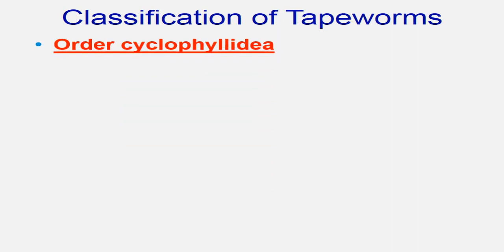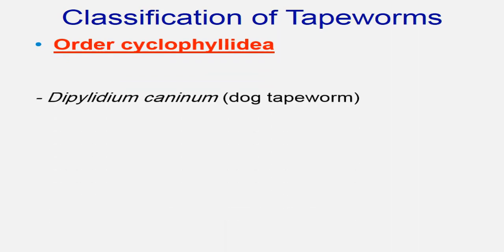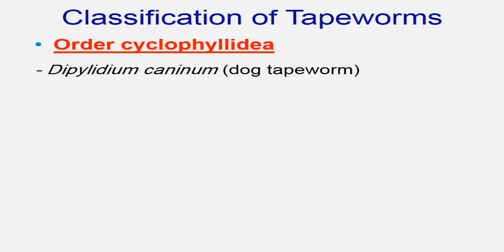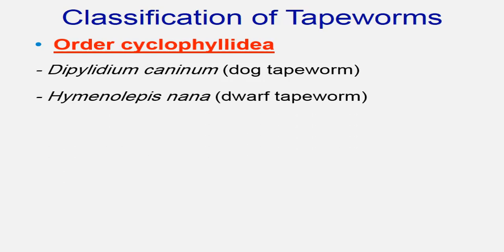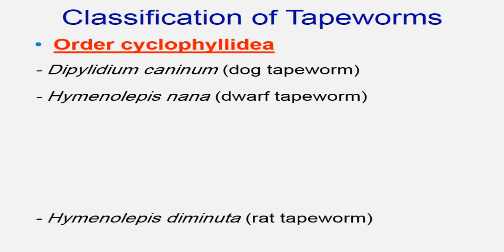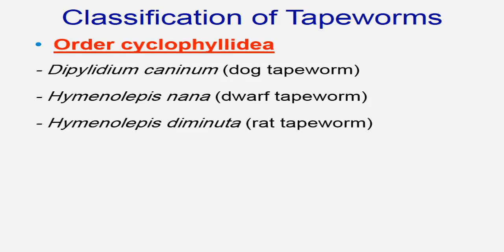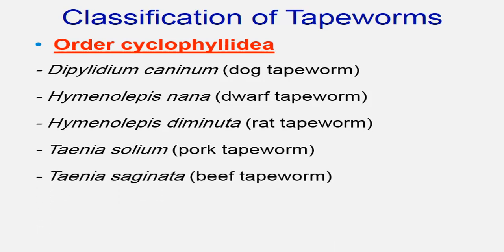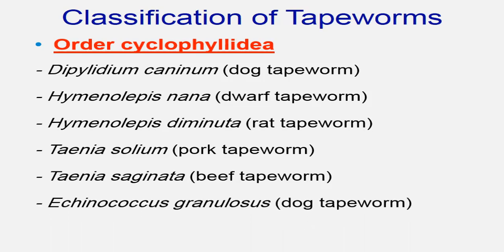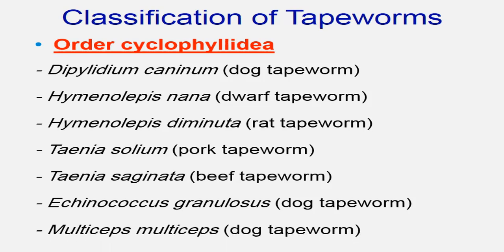Order Cyclophyllidea contains Dipylidium caninum, which is called the dog tapeworm, Hymenolepis nana, which is called the dwarf tapeworm, Hymenolepis diminuta, which is called the rat tapeworm, Taenia solium, which is called the pork tapeworm, Taenia saginata, which is called the beef tapeworm, Echinococcus granulosus, which is called the dog tapeworm, and Multiceps, which is called the dog tapeworm.